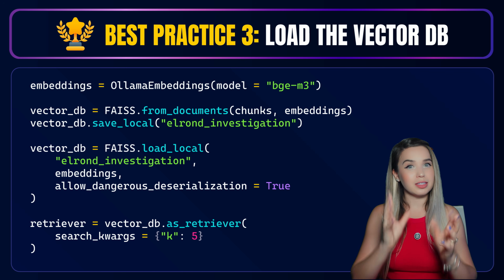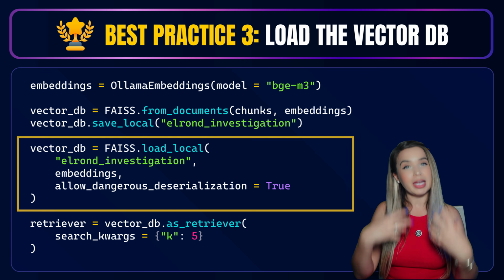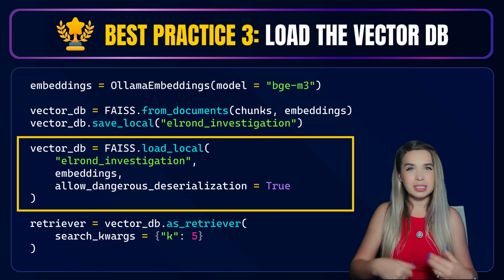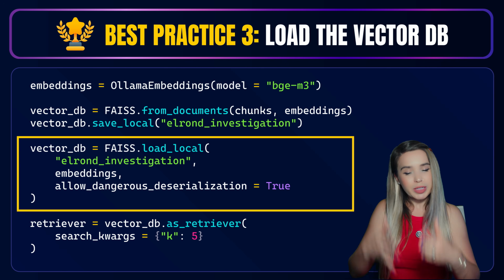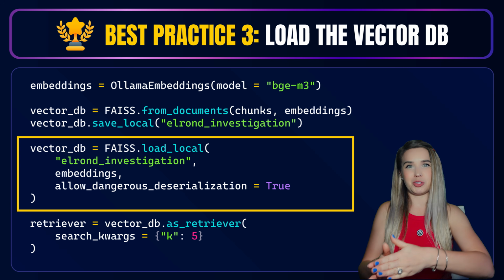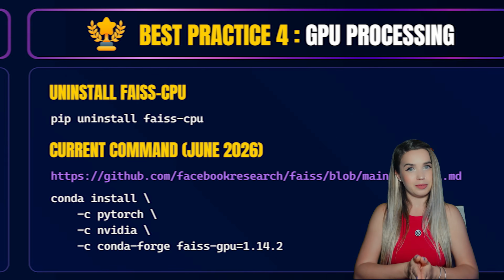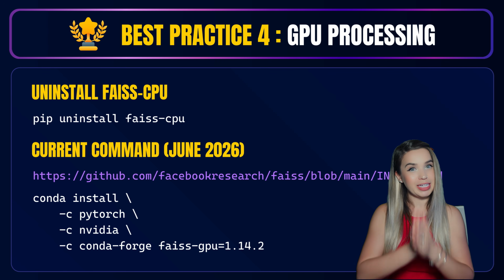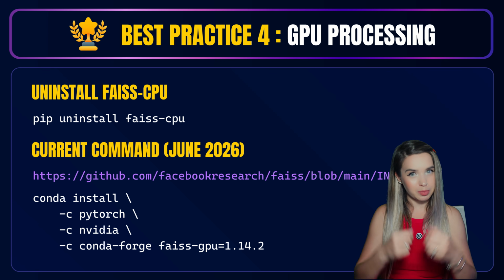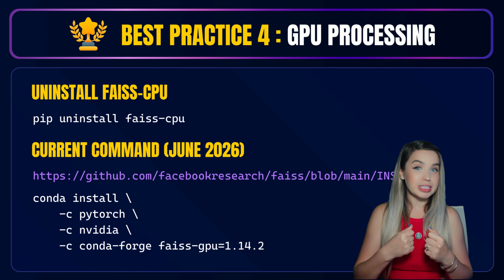Another improvement is loading the vector database directly from disk, not rebuilding it every single time. We already saved it earlier, so we can now just load it in our notebook every time it restarts. Now, in real systems, we are usually not running the workflow on CPU. We are using GPUs instead.